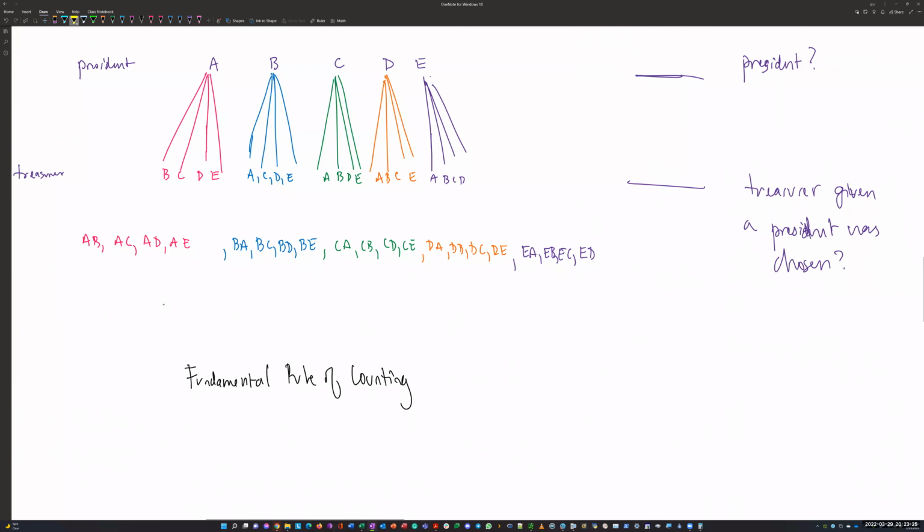So if you tell me that there's 5 people here, there's 5 ways to pick the president. Is that correct? Correct. How many ways would there be to pick the treasurer, given the fact you already selected a president? 4.